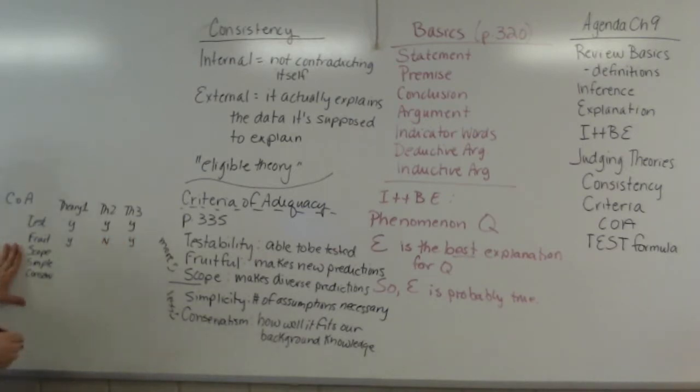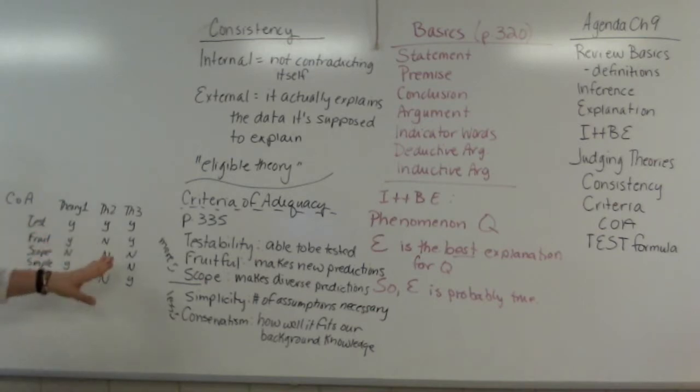Am I able to make diverse predictions? Can I use this in a variety of situations? Well, no. None of them get a yes on that. Theory 1 is simple, but it's not conservative. Theory 2 is neither. Theory 3 is not simple, but it is conservative, okay? So theory 2, I don't have to worry about, okay? It only got one yes, we can test it. Other than that, it's not good for anything else.